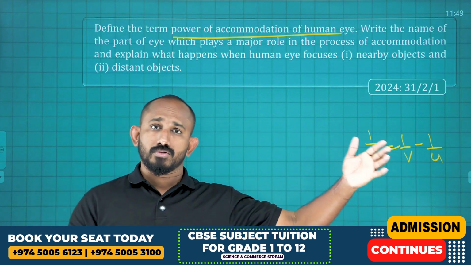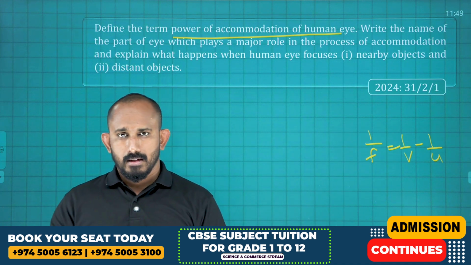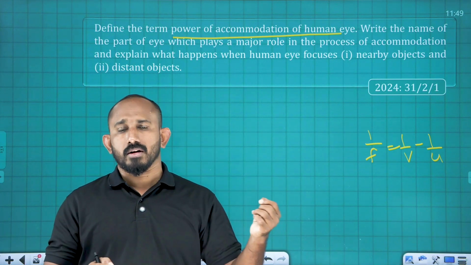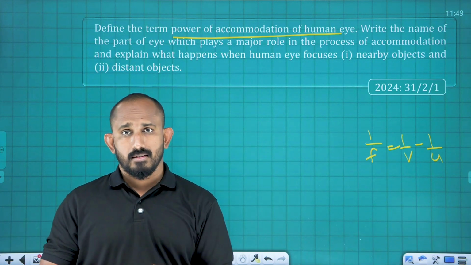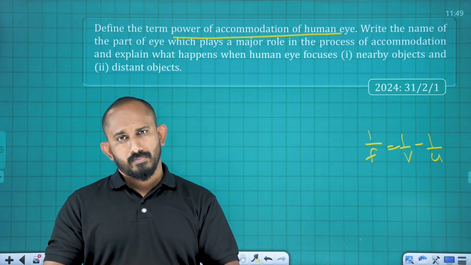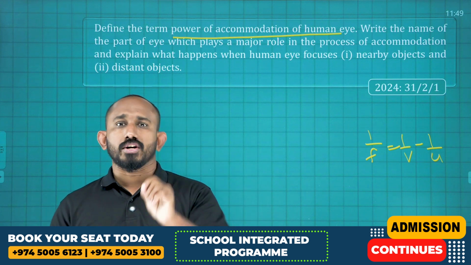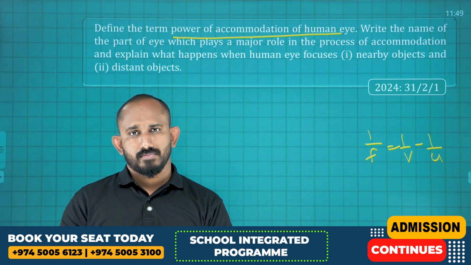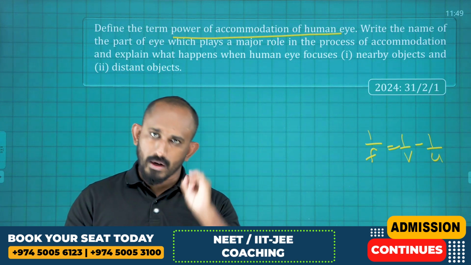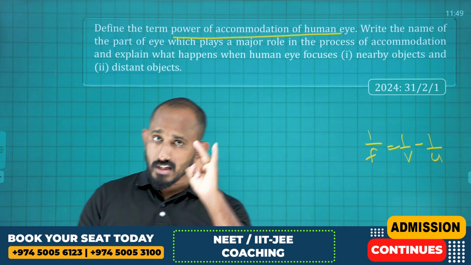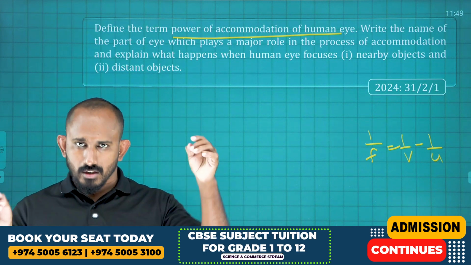By seeing far away objects, like infinity, the ciliary muscle is relaxed completely and the lens becomes thin. Curvature is very small. Then the focal length is greater, and the image is formed on the retina. That's the logic behind it. So what is power of accommodation? With the help of ciliary muscles, it happens. Ciliary muscles contract and relax.